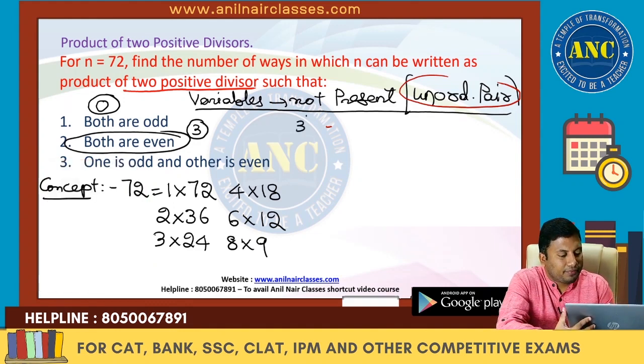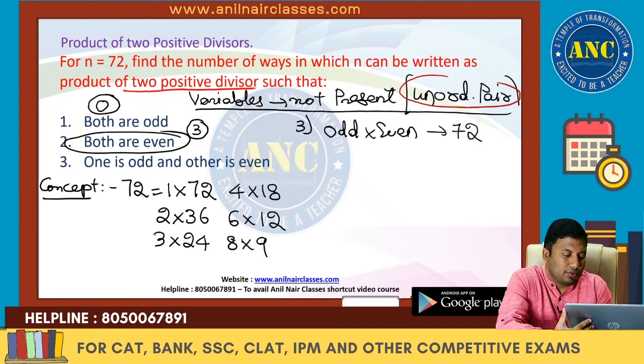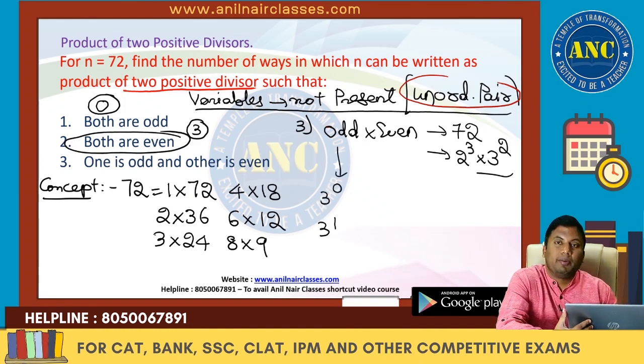Third one. One is odd, another is an even number. Odd number into even number should give me 72. 72 is nothing but 2 power 3 into 3 power 2. The odd number can be 3 power 0, 3 power 1, or 3 power 2.